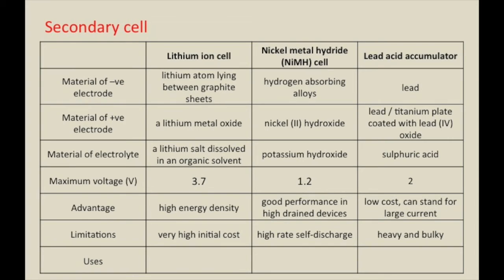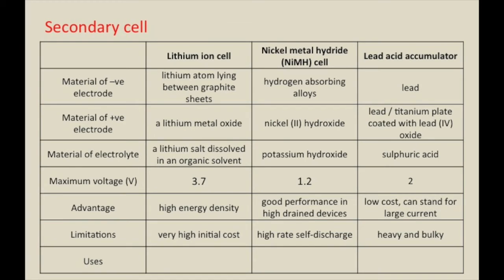Okay, so as I said, you don't need to pay too much attention to the material for both positive and negative electrodes, but I hope you can understand that the negative electrode is made of something that loses electrons easily. That means they are reducing agents, and the material for the positive electrode is an oxidizing agent.